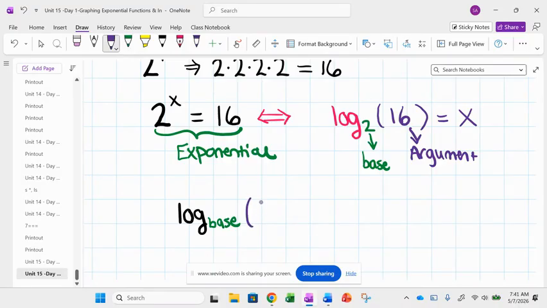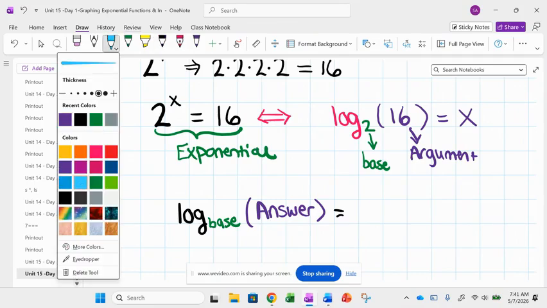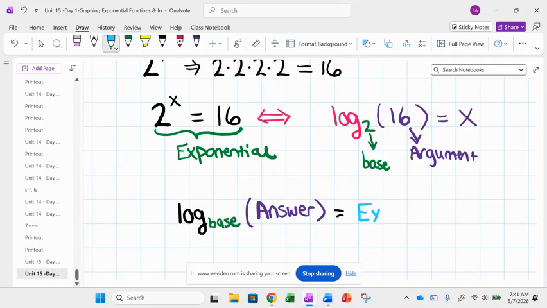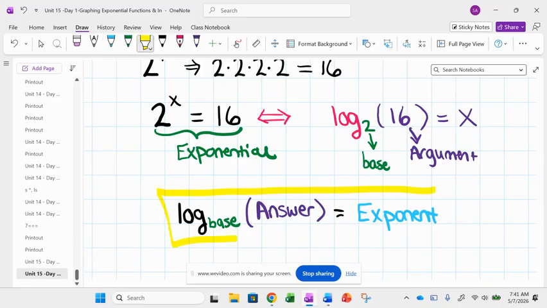The argument is actually the answer. Equals the exponent. And this is basically how we set up a log equation.